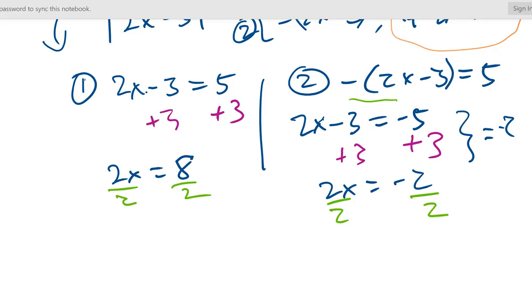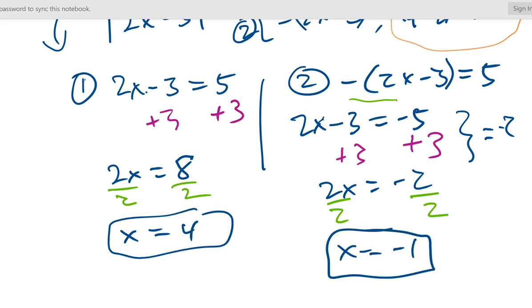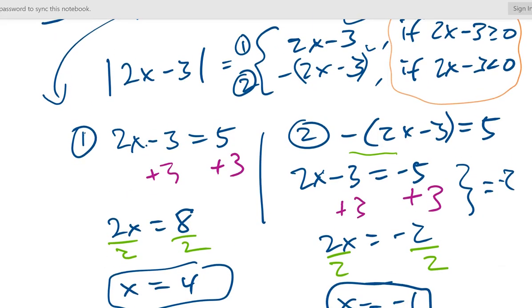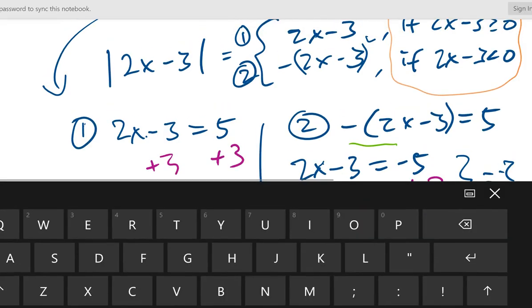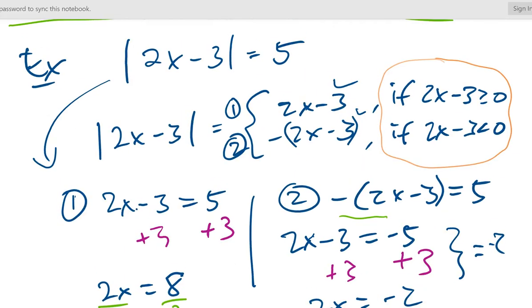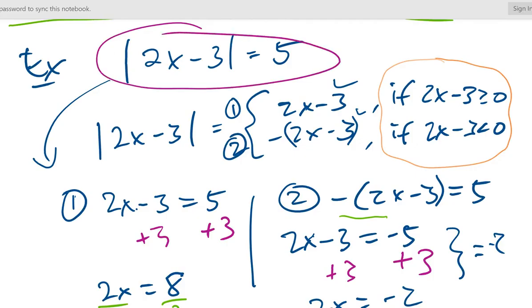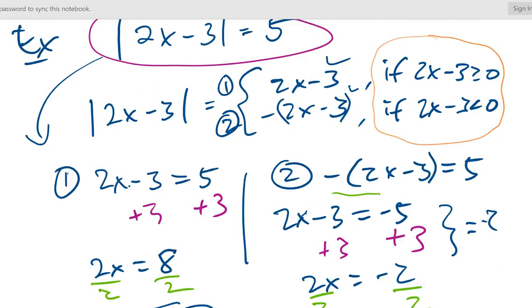On the left, I get x equals 4, and on the right, I get x equals negative 1. Those are the two answers, 4 and negative 1. So apparently, if the absolute value of 2x minus 3 is equal to 5, x can be 4 or negative 1.